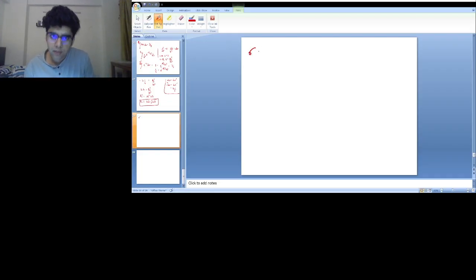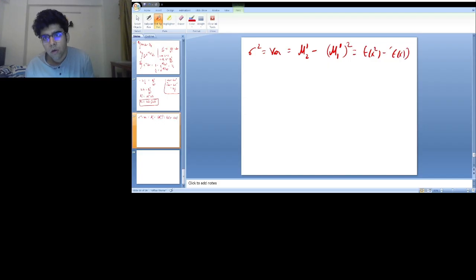So my sigma square, this is my variance, or sigma square is equal to the second moment with respect to the origin minus the square of the first moment with respect to the origin, or I can write this as E x square minus E x whole square. This gives me sigma square.